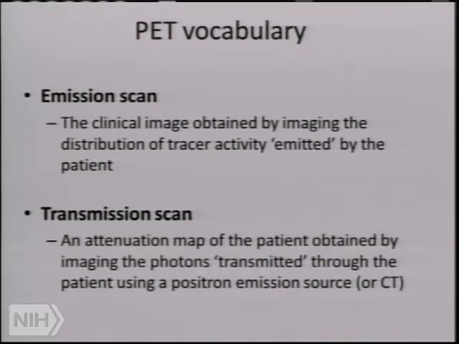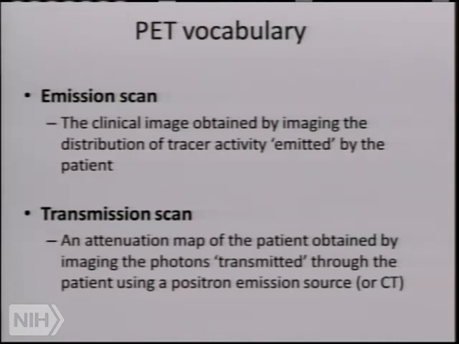Now, there's one important aspect of this that I want to mention, although it is a technical detail, and that is that we actually have two kinds of scans going on in a PET scanner. One is called the emission scan, which is the one that I just described. So it's the clinical image obtained by imaging the distribution of the tracer emitted inside the patient.